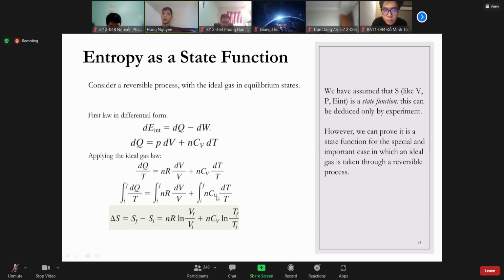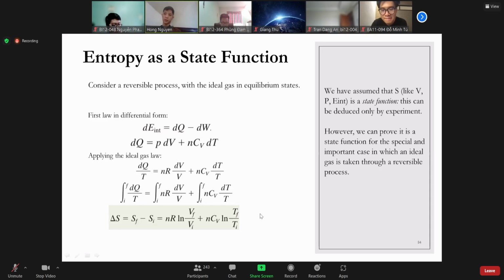In this way, we already proved that the change in entropy is a state function for reversible processes.